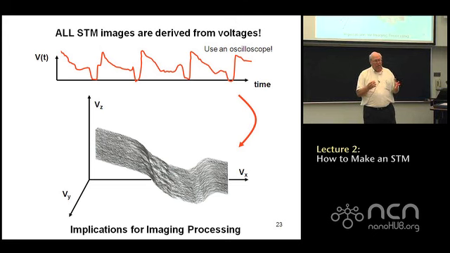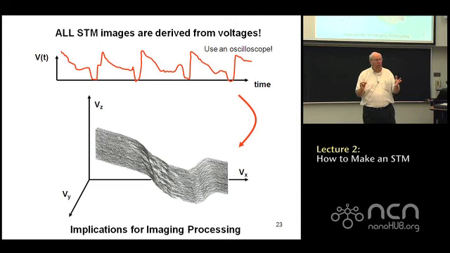So I always try to encourage students to hook up an oscilloscope to look at the voltage signals that the microscope is generating, because the signal, the image that you get is a voltage image. It's just interpreted in terms of X and Y and Z by software.